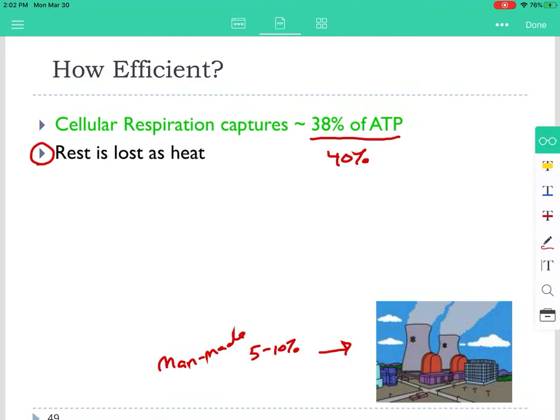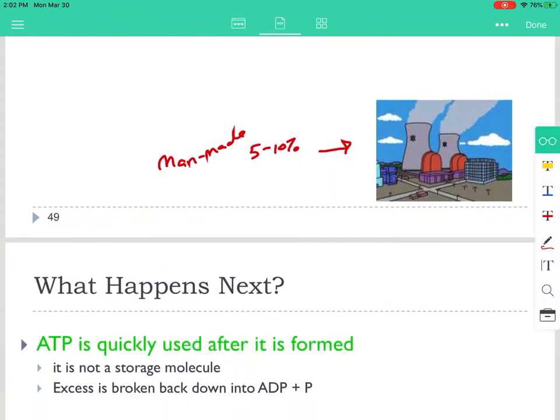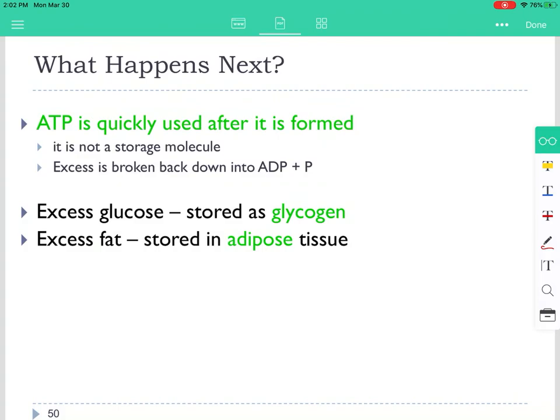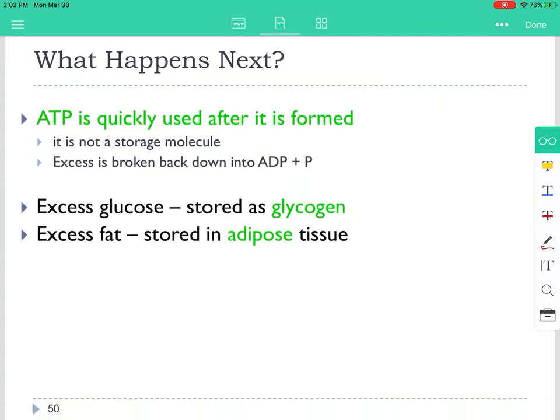So even though we're more efficient than man-made machines, it's just the nature of the beast. Anytime we have all these chemical processes involved in making something, there's going to be some heat and some energy lost along the way. I'd like you to have an idea about that number. We can recapture about 40% of the ATP. What happens next?